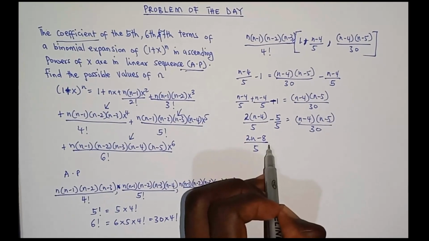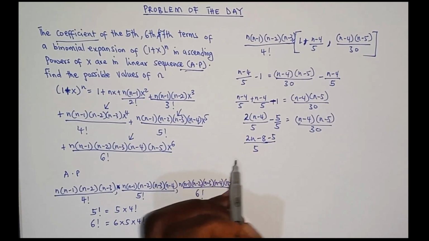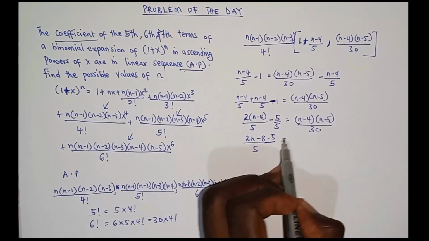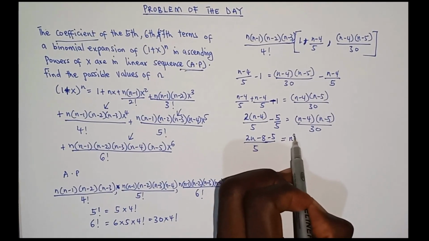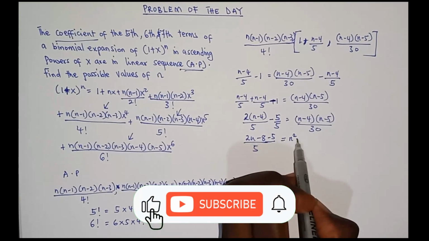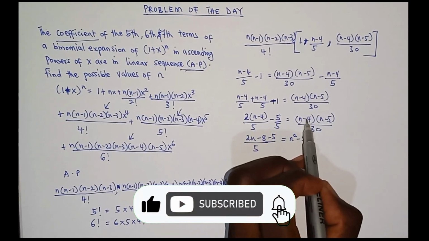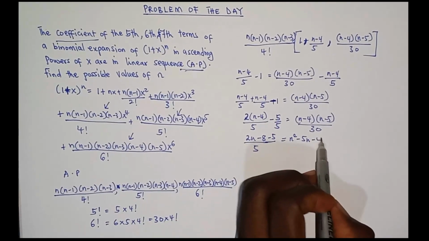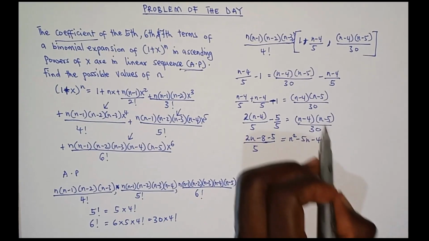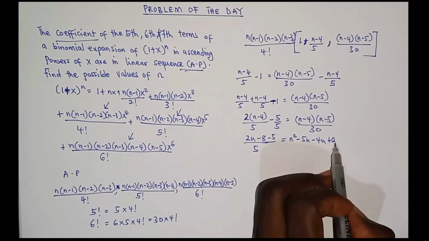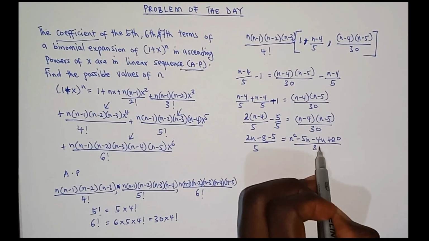However, there's 5 here, so we can add minus 5 to this. And this is equal to n times n is n squared, n times minus 5 is minus 5n, minus 4 times n is minus 4n, then minus 4 times minus 5 is plus 20, divided by 30.